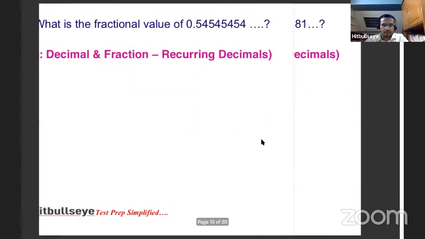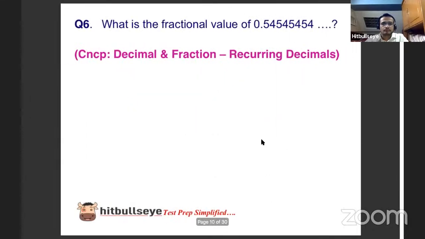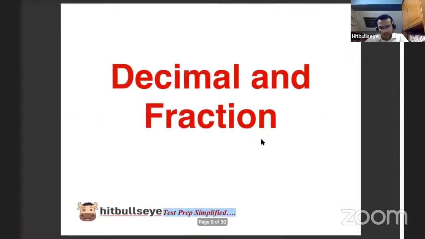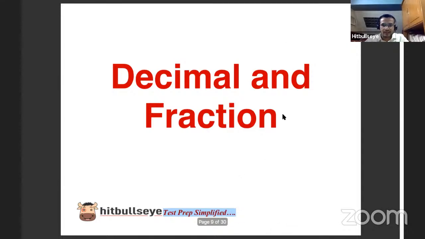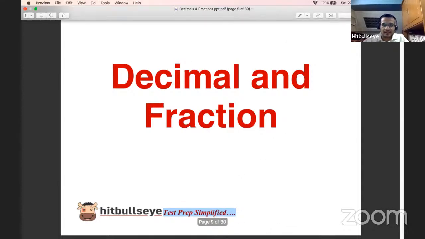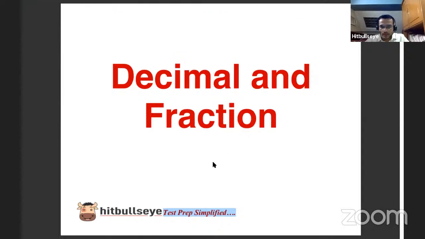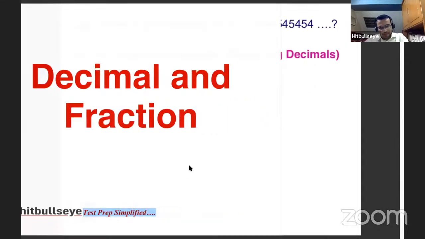So we were here, we did that, and next what we have is the decimal and fraction. I'll open the chat window. Next thing we look at is the decimal and the fraction piece.